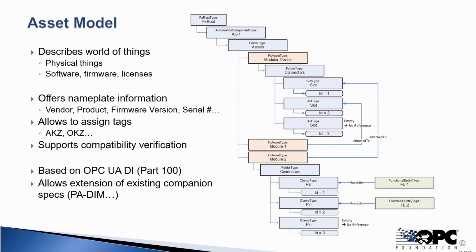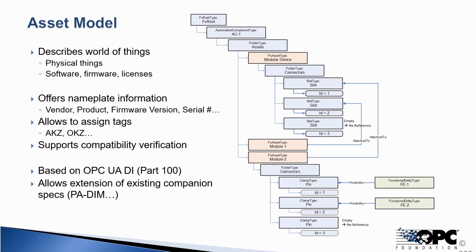The asset model describes the world of things, which could be physical things like a module or a connector or a pin, or could also be software, firmware, licenses. It offers uniform access to nameplate information, like which vendor built the product, which firmware version it has, serial number, whatever.